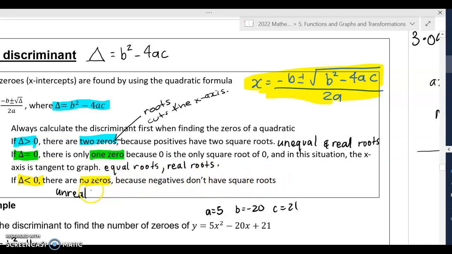We would have an unreal solution. Where our discriminant greater than 0 and equal to 0 were real, here we can't take the square root of a negative, so we'd have an unreal solution. And we'd say there are no zeros, or there is no place where that graph can cut the x-axis. Let's have a look at what that looks like.